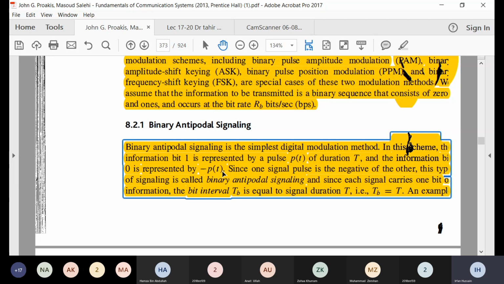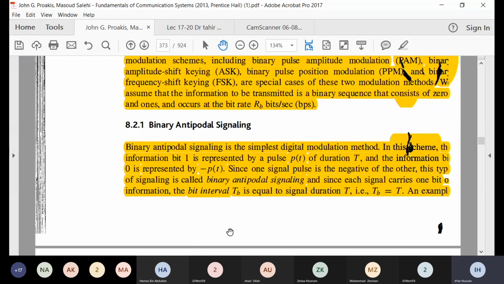That is why it is called antipodal, because the representation of 0 is antipodal to the representation of 1. The duration of this p(t) is again TB.